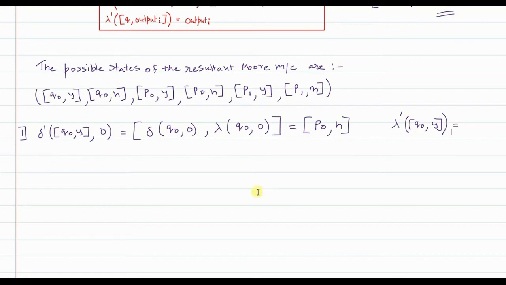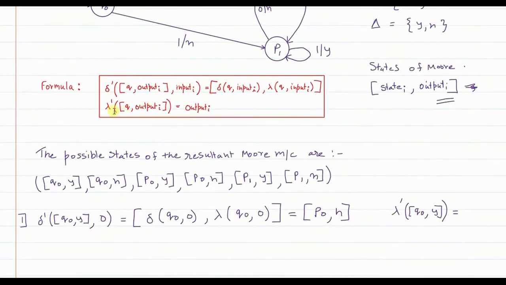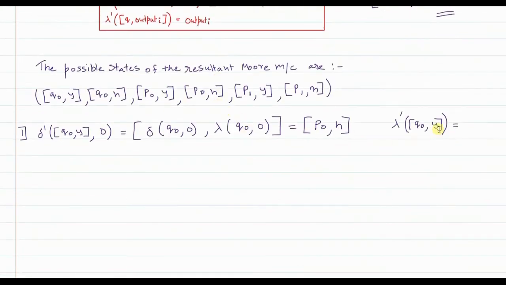Since you are designing a Moore machine, by lambda dash you find out the output associated with this state Q0 y. The formula says lambda dash of any state comma output I will be the output I itself. So what is output I? y. So the output associated with this state will be y. This is the first step.